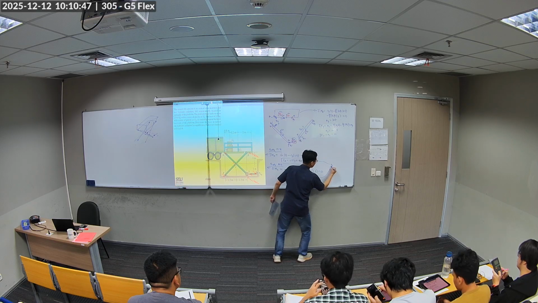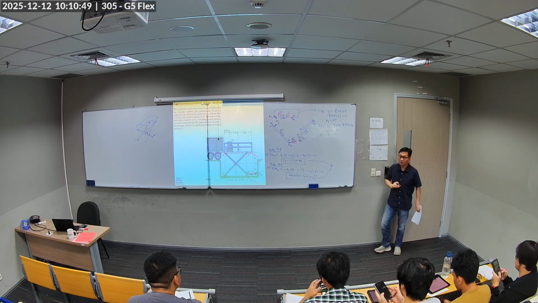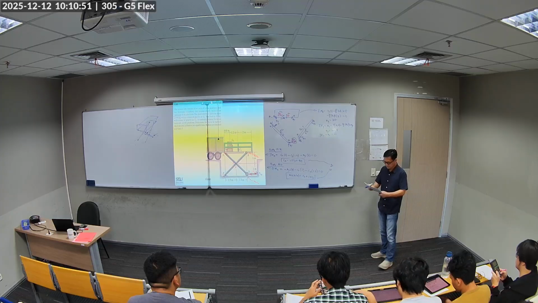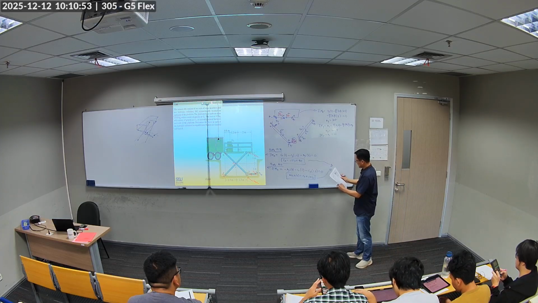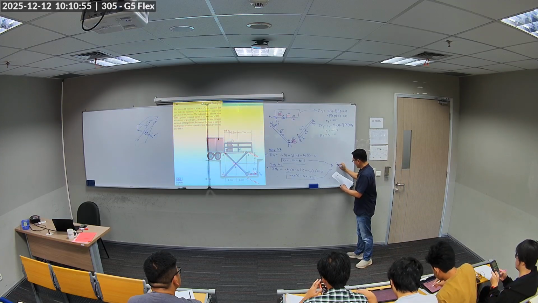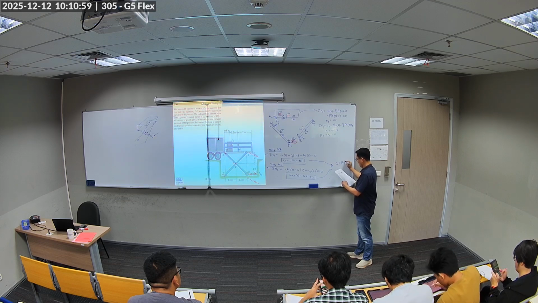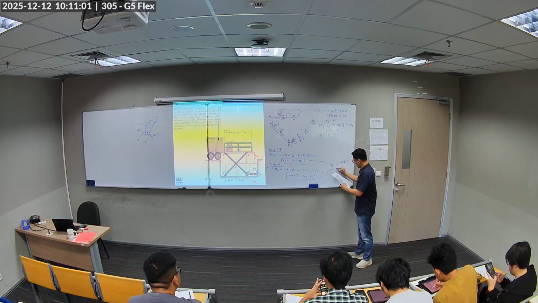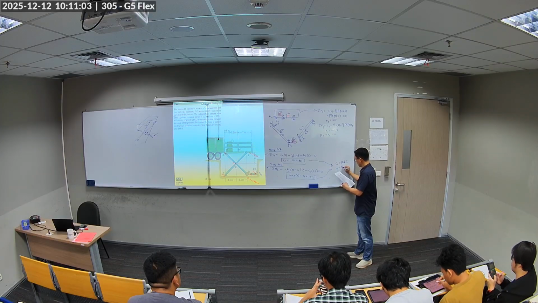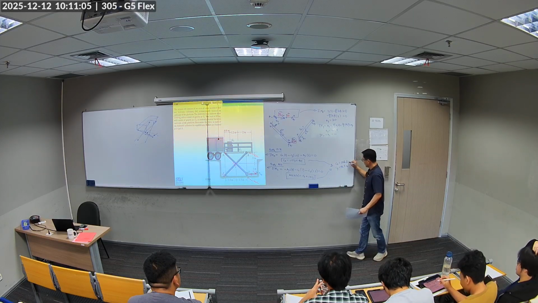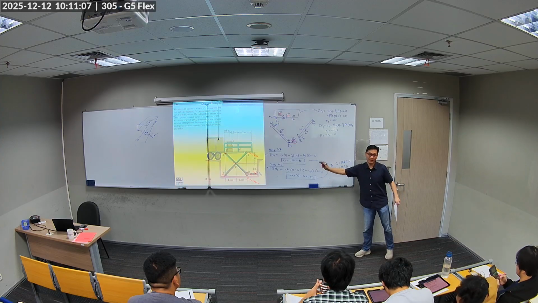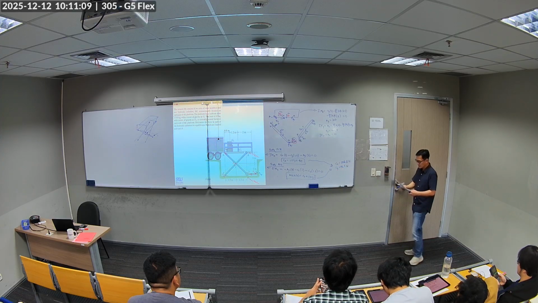So I can solve the two equations with two unknowns. So I should get CX. Basically solving two equations with two unknowns.